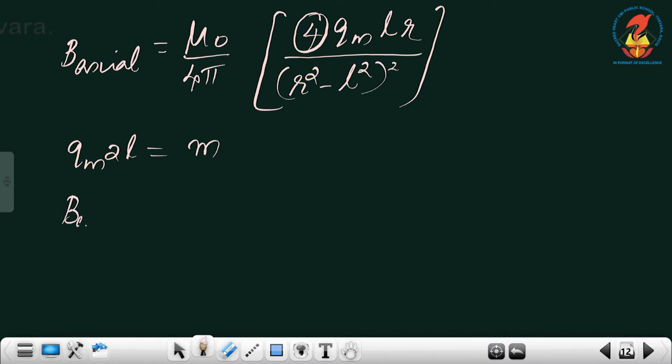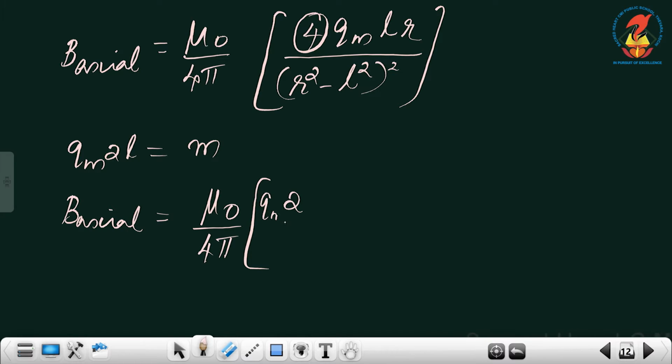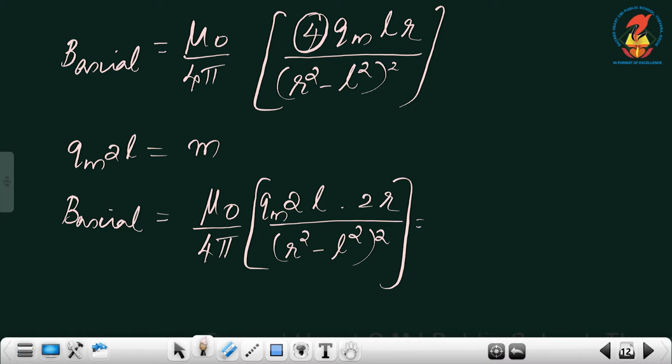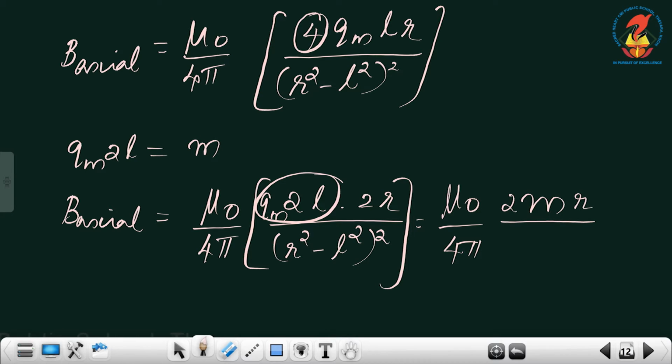So we get B axial is equal to mu 0 by 4 pi into qm into 2L into 2r divided by (r square minus L square) the whole square, which is equal to mu 0 by 4 pi into m into 2r, so 2mr divided by (r square minus L square) the whole square.